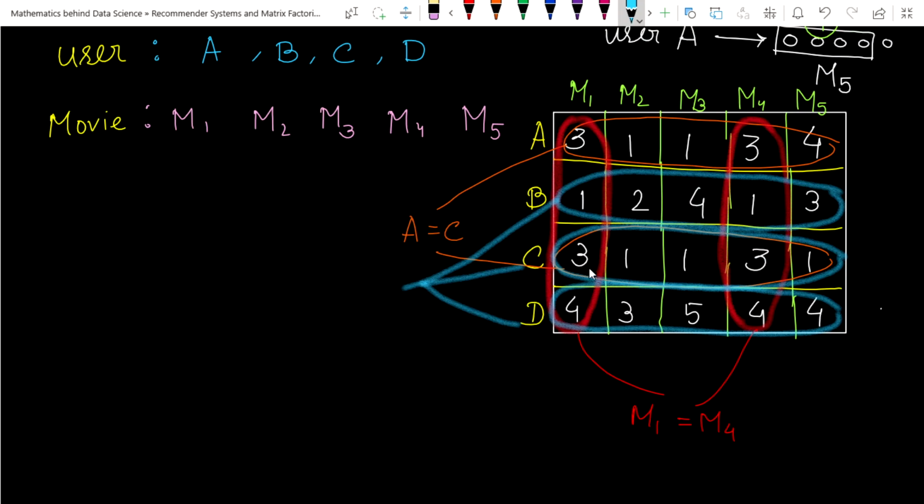That means B plus C is equal to D. So from this we can conclude that, sorry, it will be D.